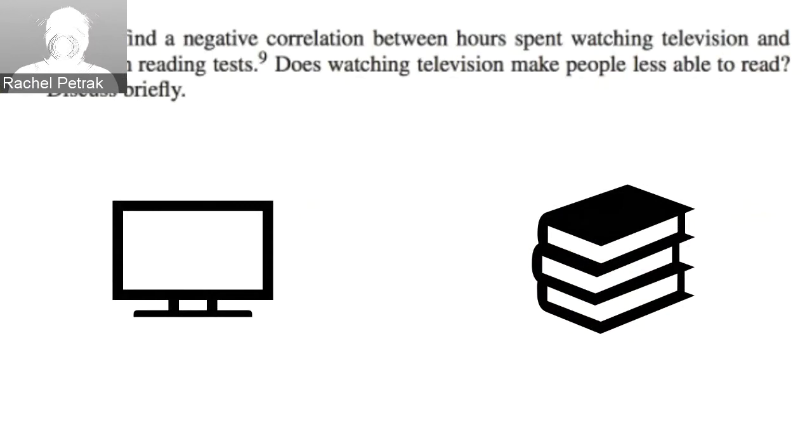So if you take up 10 hours in a day watching television, how many hours could you be spending reading? And unfortunately, people do spend a lot of time watching television. Now, the other thing is that we know more time spent reading is associated with scores on reading tests. Again, this makes perfect sense. So this relationship functions through a third variable, hours spent reading.